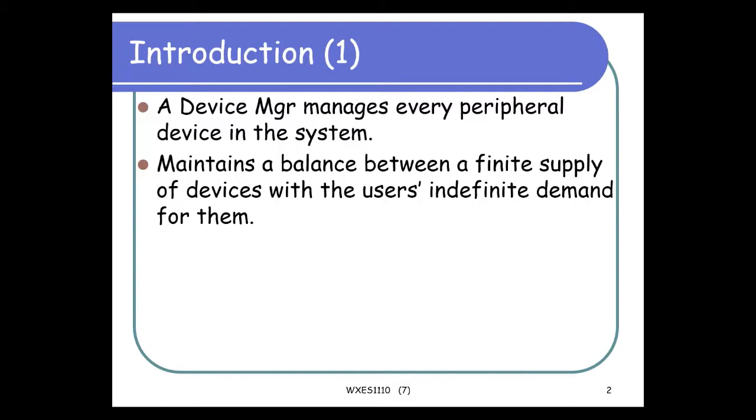Maybe you want to use the same device, or some devices are used heavily and some are lightly used. So what the OS does is manage your devices. This is why it maintains the system balance of your machine.